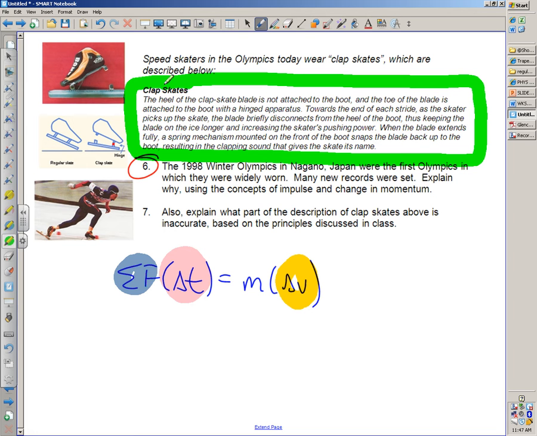I would like you to read this paragraph and then talk to the person in front of you, behind you, next to you, whatever, and see if you can determine what is wrong with that paragraph. One piece of inaccurate information. So read that paragraph. It describes clap skates, and then there's something that's not right in there. Go ahead and do that, please.